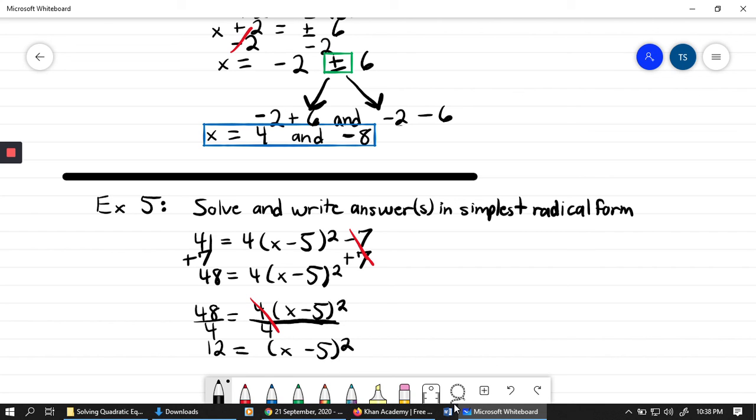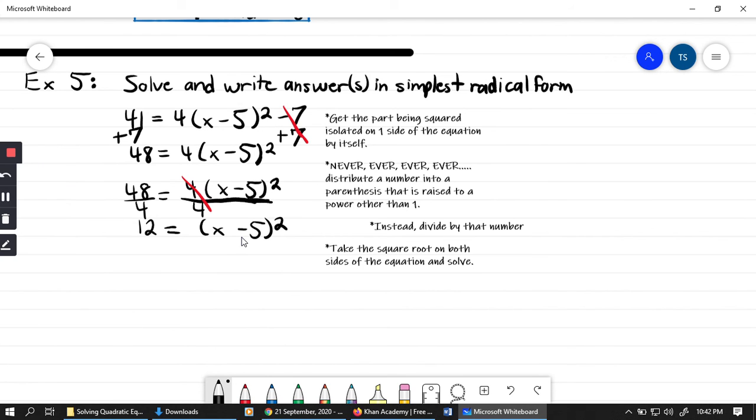And now is where we can take the square root on both sides and finish solving for x and simplify and write it in its simplest radical form if necessary, or if possible. Alright, so let's take the square root on both sides.